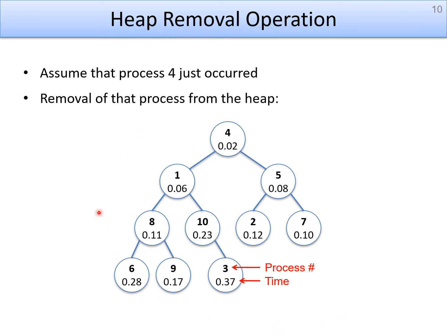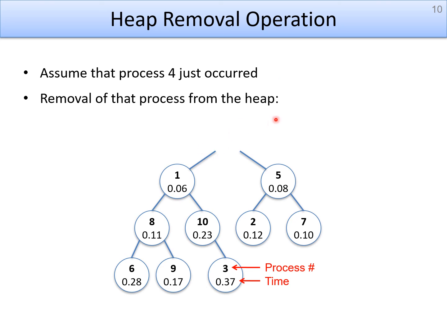So here is our tree with the nodes corresponding to the possible processes that may happen, and we have the time over here. So the process that is imminent here is the fourth process with time 0.02. So let's say that this process just occurred. It was executed by the Kinetic Monte Carlo algorithm.